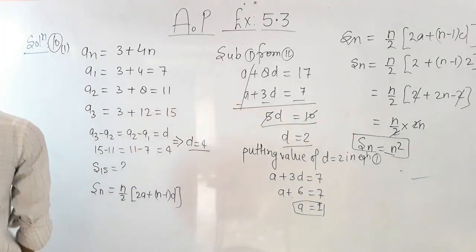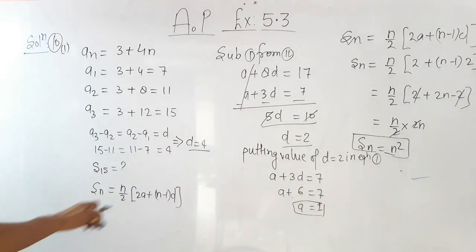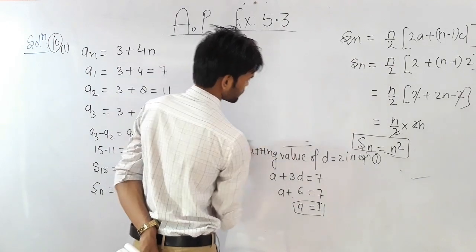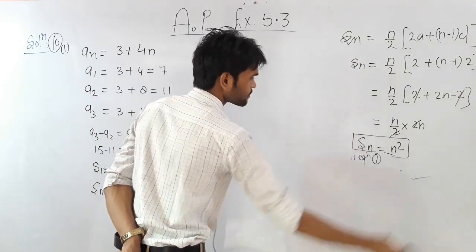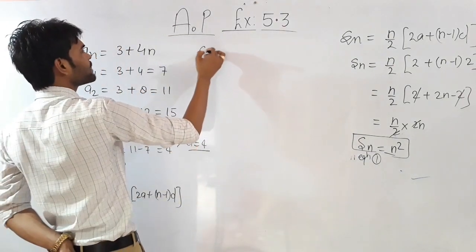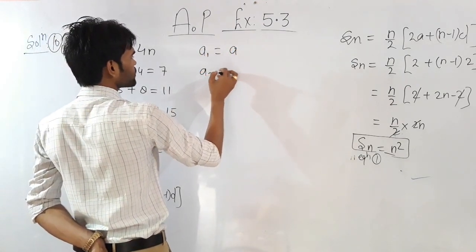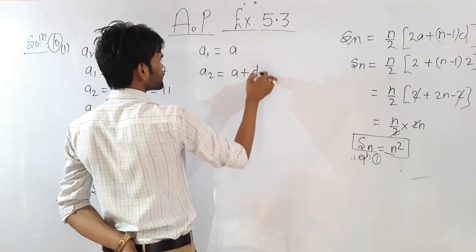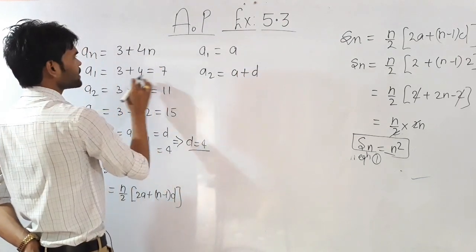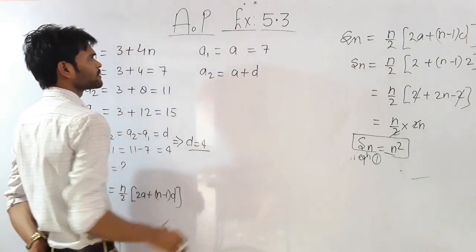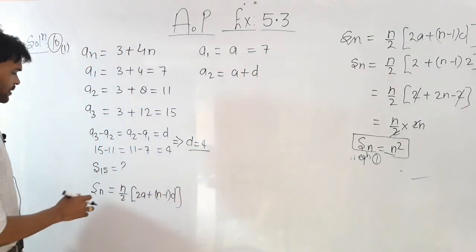We know a1 is equal to a, and a2 is equal to a plus d. Here a1 is 7, so from here we can write a is 7.